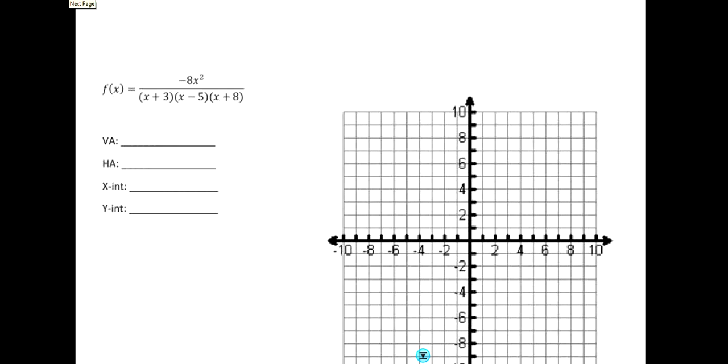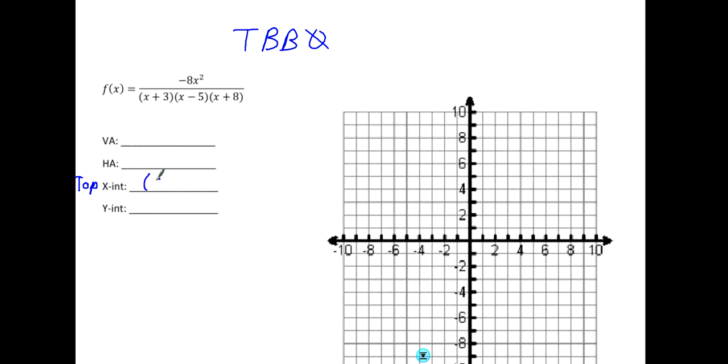Now, again, we got this rational function. It's in factored form, so I really don't have to worry about factoring or anything like that. So let's just find our information first. Again, top, bottom, both 0. Remember, top is our x-intercepts. We have one x-intercept because we only have one factor.